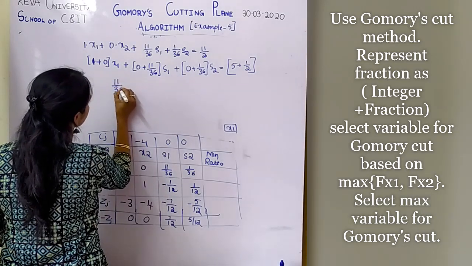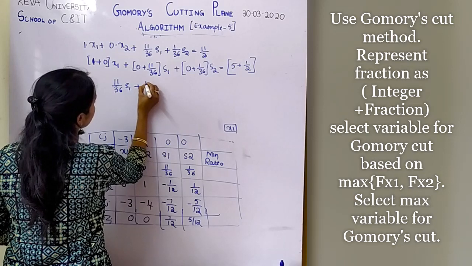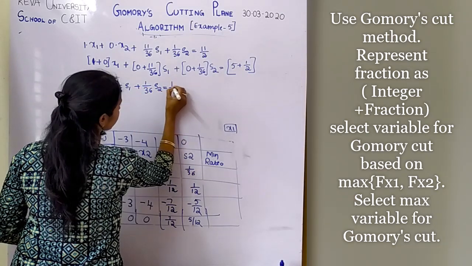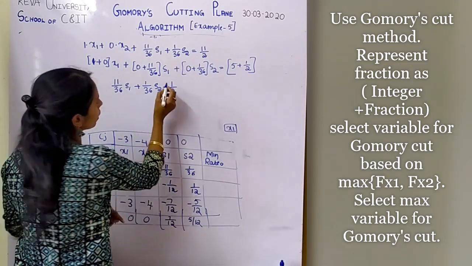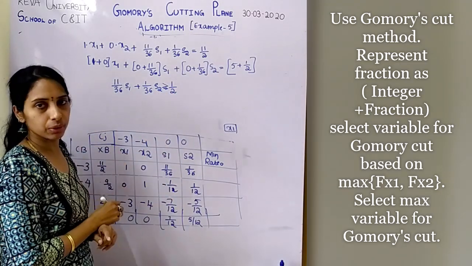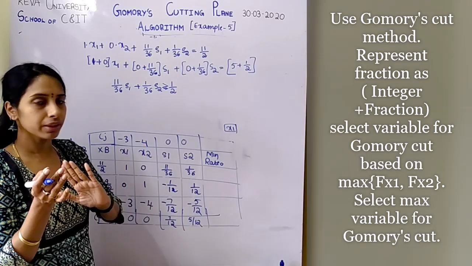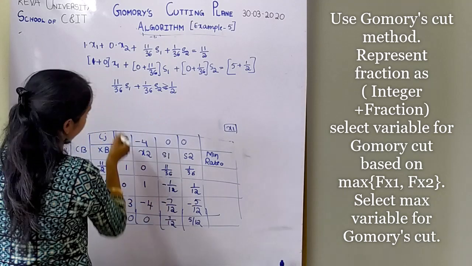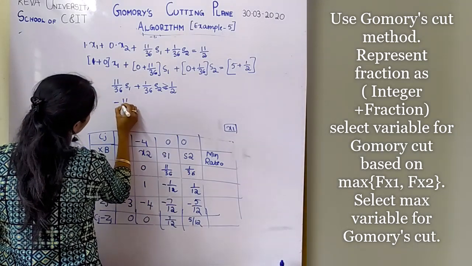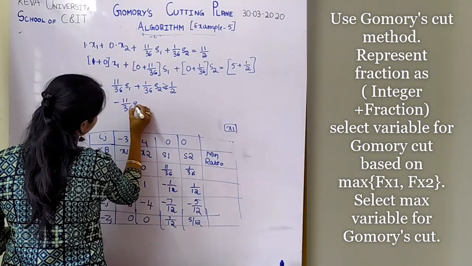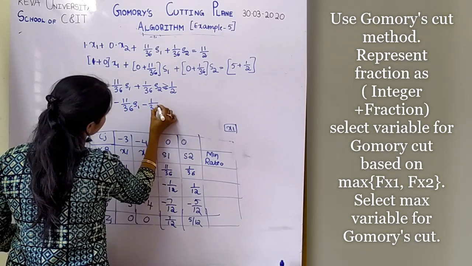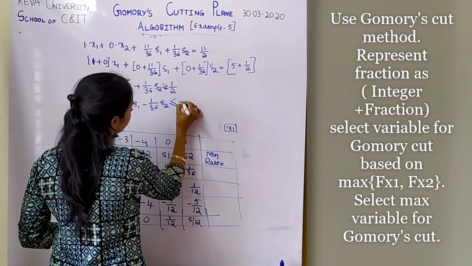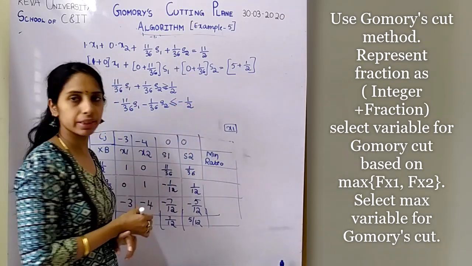11 by 36 into s1 plus 1 by 36 into s2 equal to fraction part is half. And usually this will be greater than or equal. So how will you convert? You will multiply this with the minus 1. So minus 11 by 36 into s1 minus 1 by 36 into s2 less than or equal to minus 1 by 2.